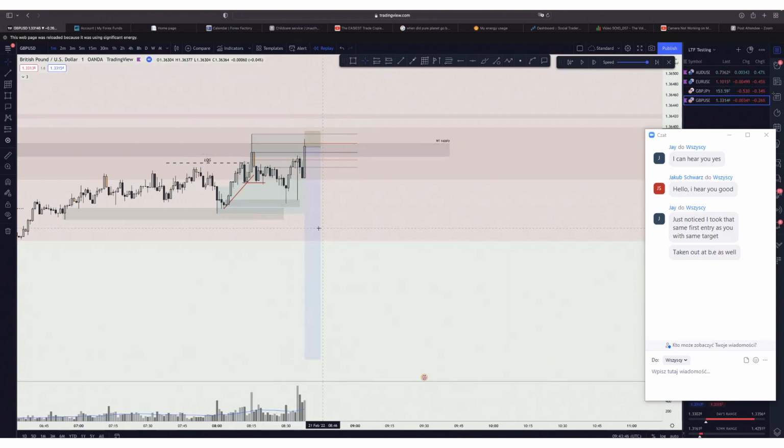I probably would have entered this with a limit order. The first one would have been market, and I would have had a limit on the wick. That's just the way I trade, so I try and confirm. This would have been my trying to confirm with volume.